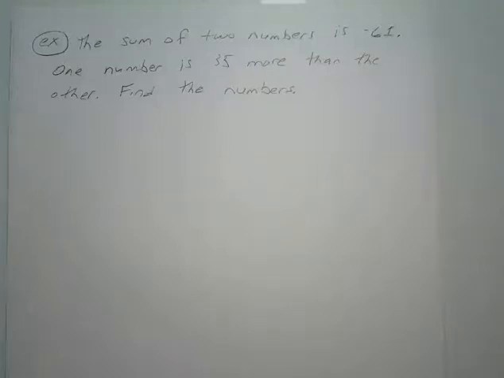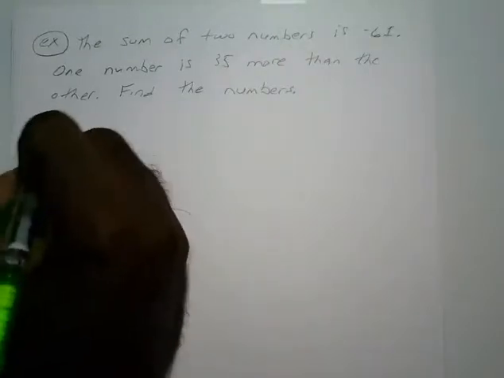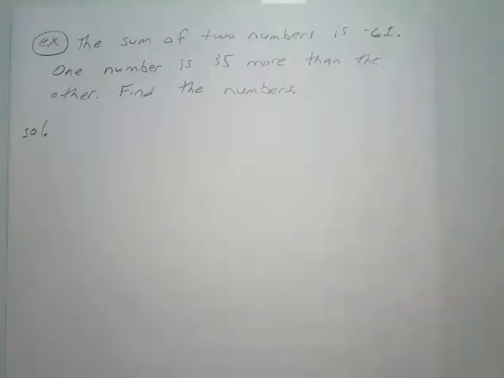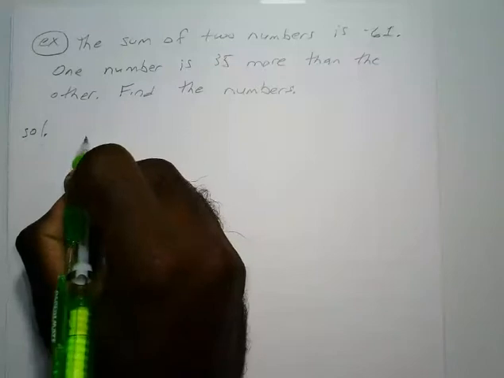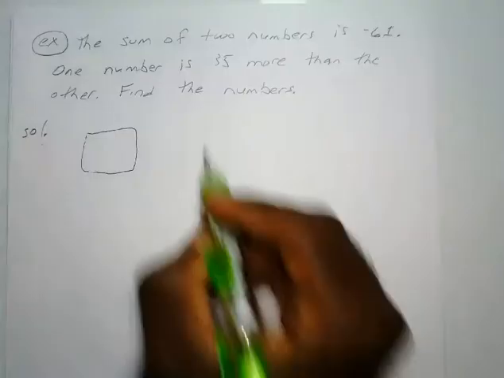So for this example, it says the sum of two numbers is negative 61. One number is 35 more than the other. Find the numbers. All right. So here we know the sum of two numbers is negative 61. So what I'm going to do is draw a little picture to help me visualize it.